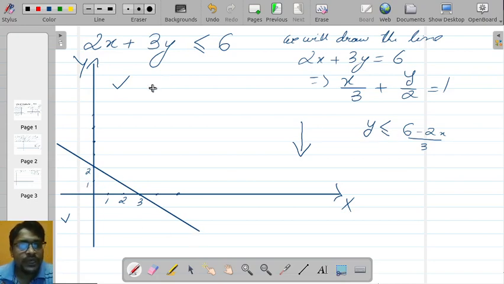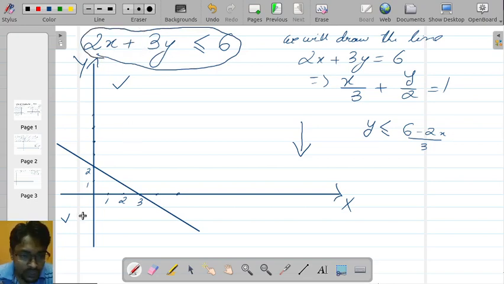This is one way of doing it. Another way is you just locate in which region the origin lies, whether the origin satisfies this inequation or not. If we are able to find a point in this region which satisfies this, then the whole region will be this particular region.